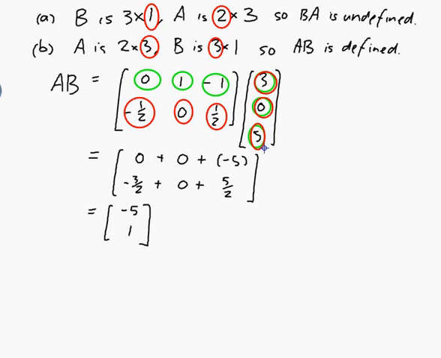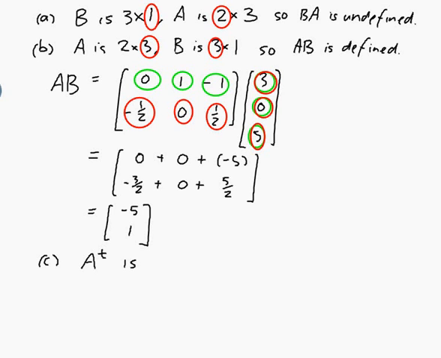Okay. So let's move on to the next one. So C, I was supposed to calculate A transpose D. So A transpose. So what size is A transpose? Well, how do we make A transpose?